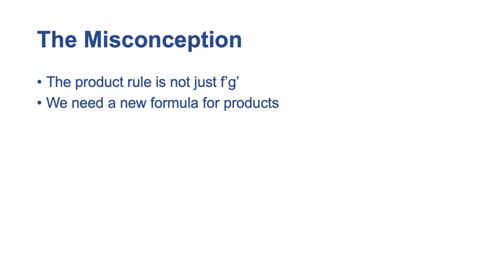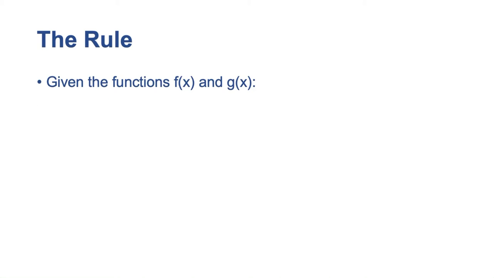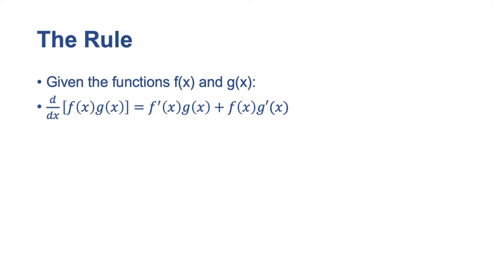So this is what the rule says for the product rule. Given that we have the functions f of x and g of x, the derivative of the product of f of x and g of x is f prime of x times g of x plus f of x times g prime of x, or the derivative of f times g plus f times the derivative of g. And it doesn't matter which function we choose to be f and which function we choose to be g. I usually like to have f be the function closest to the left and g closest to the right.